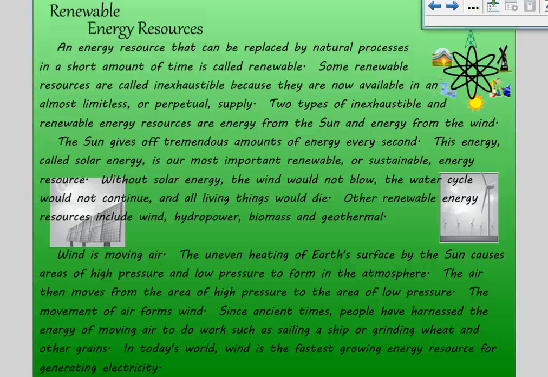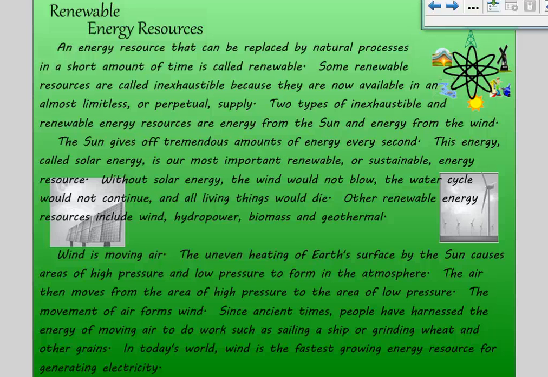Now let's talk about renewable energy resources. An energy resource that can be replaced by natural processes in a short amount of time is called renewable. Some renewable resources are called inexhaustible because they are available in an almost limitless or perpetual supply.